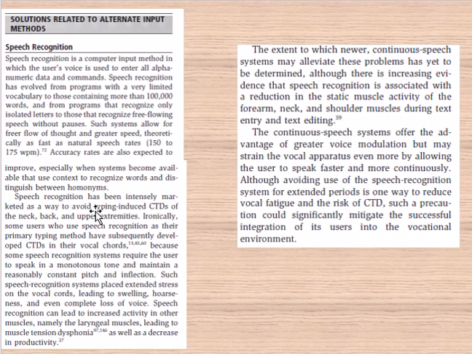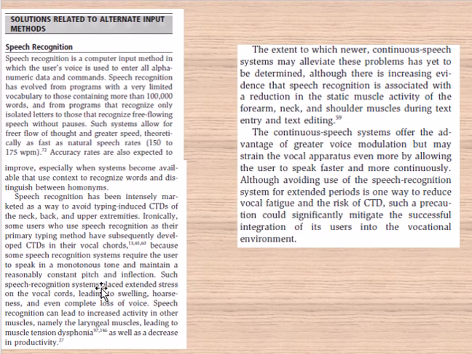Speech recognition has been intensively marketed as a way to avoid typing-induced CTD of the neck, back, and upper extremities. Some users who use speech recognition as their primary typing method have subsequently developed CTD in their vocal cords, because some speech recognition systems require the users to speak in a monotonous tone and maintain a reasonably constant pitch and inflection.